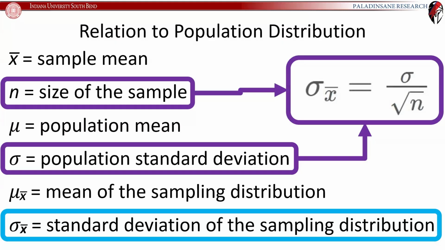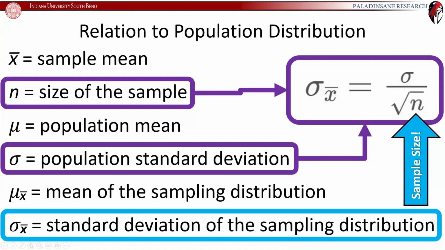In this formula, the standard deviation of the sampling distribution equals the standard deviation of the population divided by the square root of the size of the sample. And that sample size is what determines that relationship.